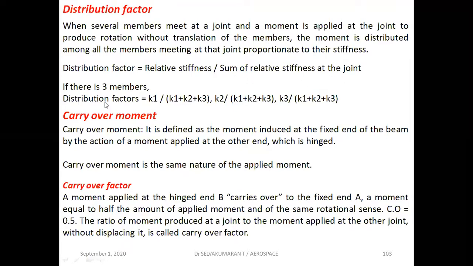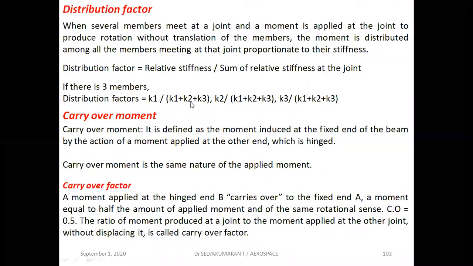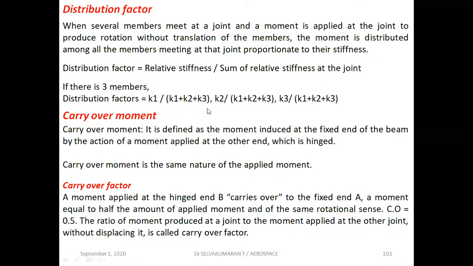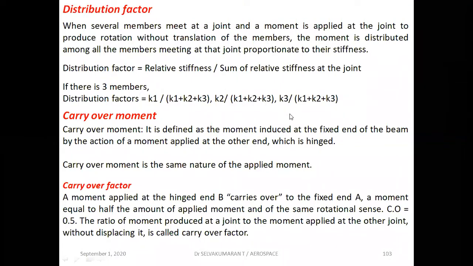For example, if there are three members, the distribution factor for member 1 is K1 divided by the sum of all stiffness, K1 plus K2 plus K3. Then for the second member, K2 divided by K1 plus K2 plus K3. Then for the third member, K3 divided by K1 plus K2 plus K3. This is nothing but the distribution factor. I will explain later why this distribution factor is required.